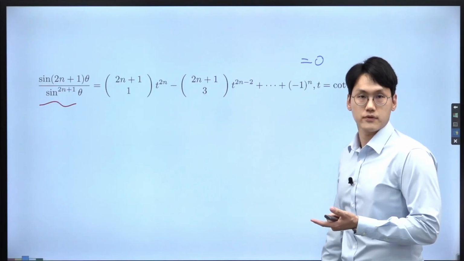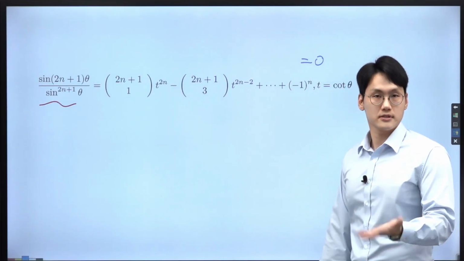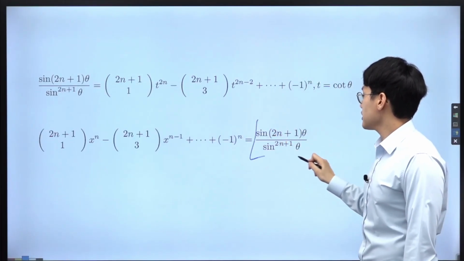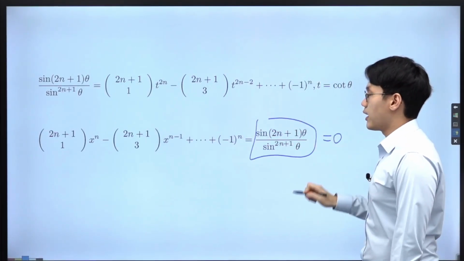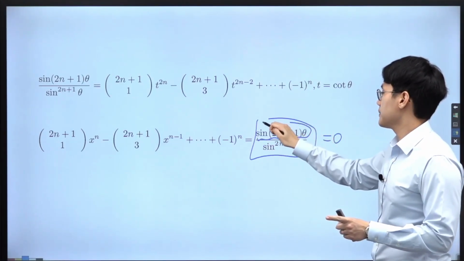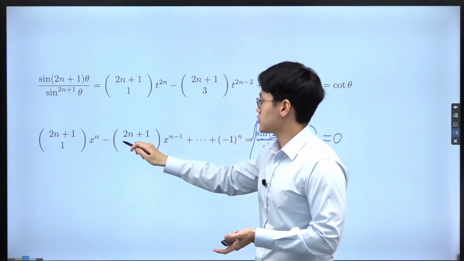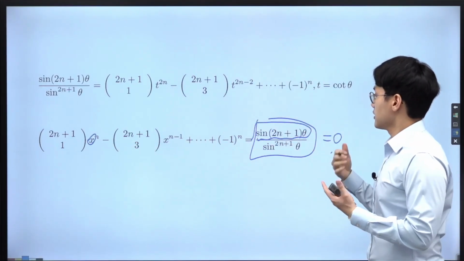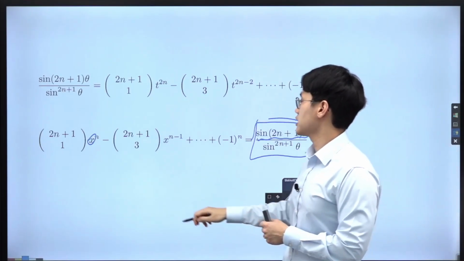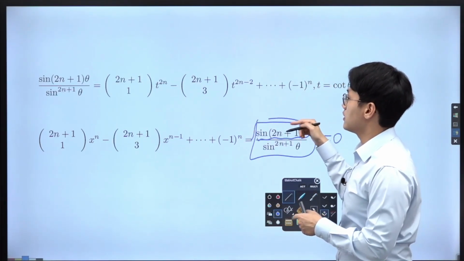We want to find the solutions, like the quadratic, at most 2 solutions, cubic, at least 1 real solution, etc. And for me, having this expression of a sine really helps me find the zeros, right? Because if we have sine of 2n plus 1 theta being 0, then you can easily find the solutions. So if I put that x value in, it would simply be 0. No problem.